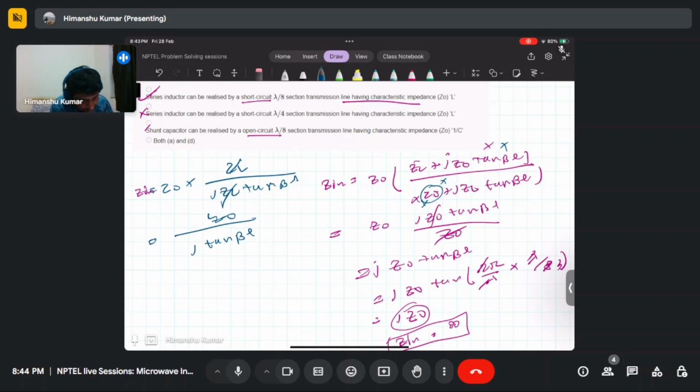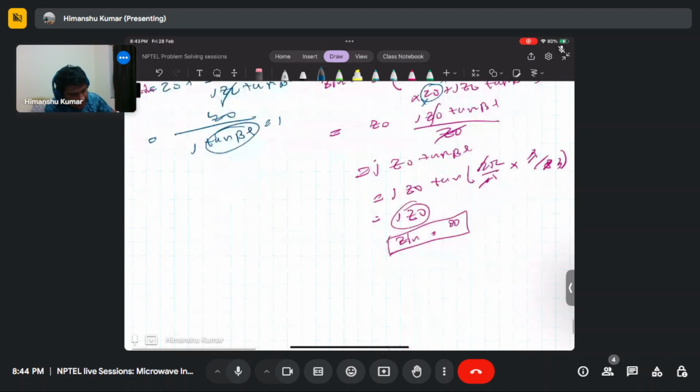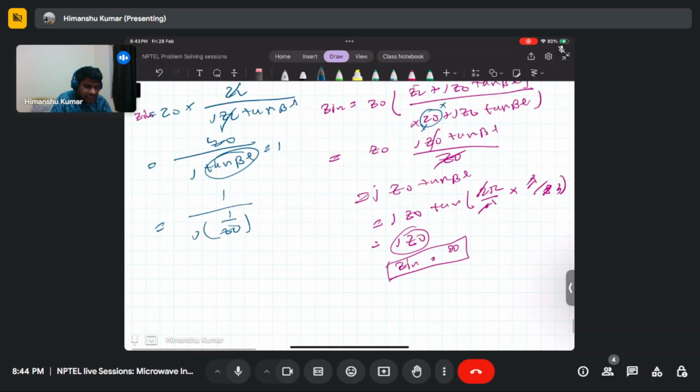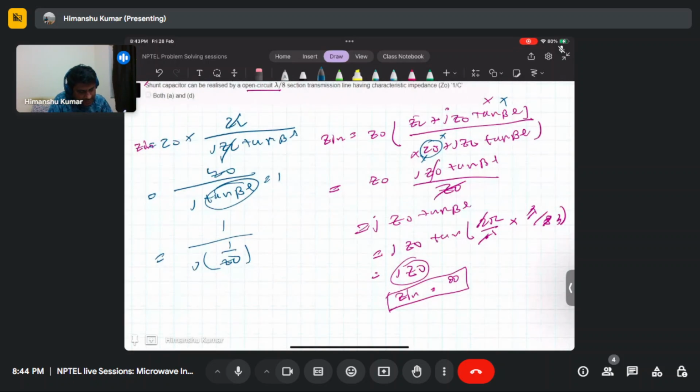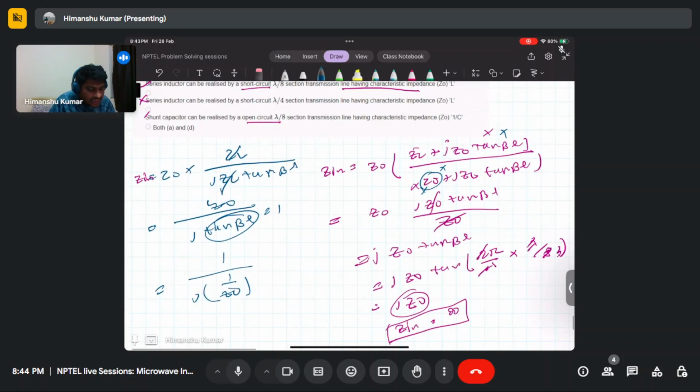That is the shunt capacitor. So you see, if you take lambda by 8, then this tan(beta L) will become equal to 1, then the admittance becomes j times 1 by Z naught. So you see, this has become like a capacitor.